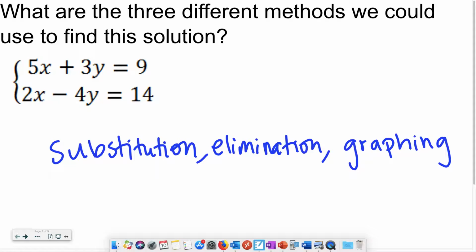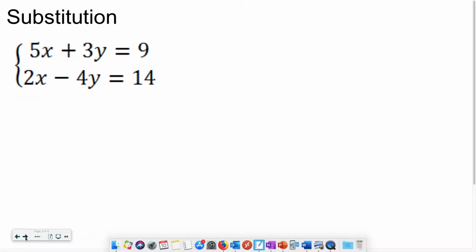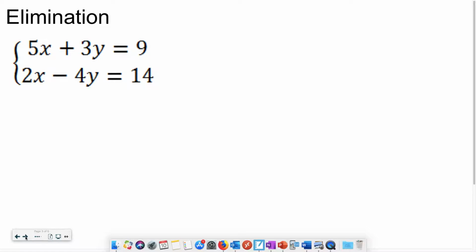So x's cancel. You can put your work up here on the top. Then you can plug y back in. 4 times 5 is 70.